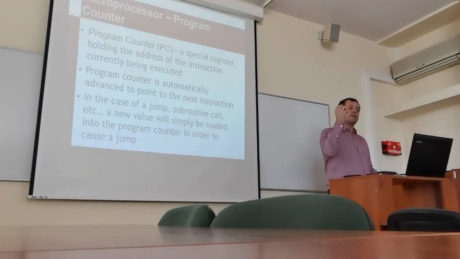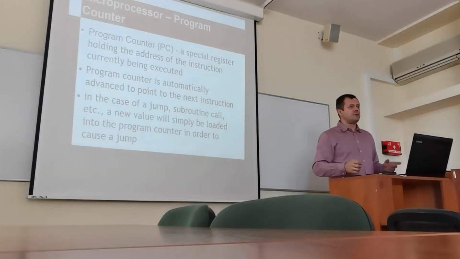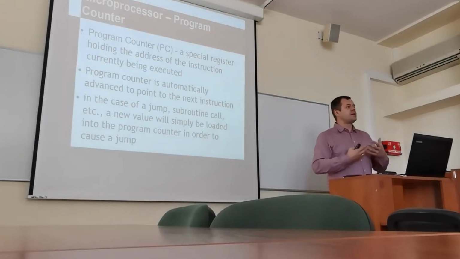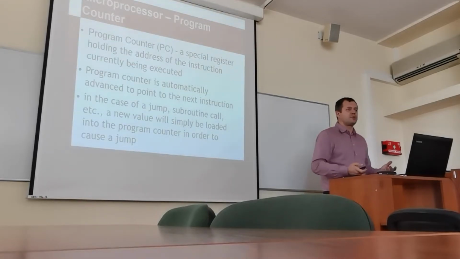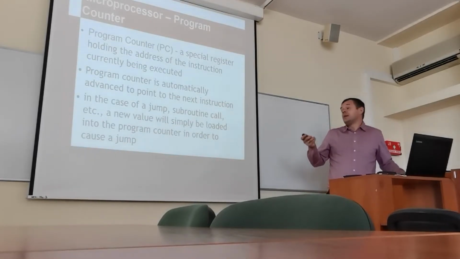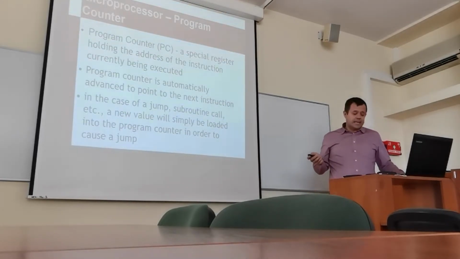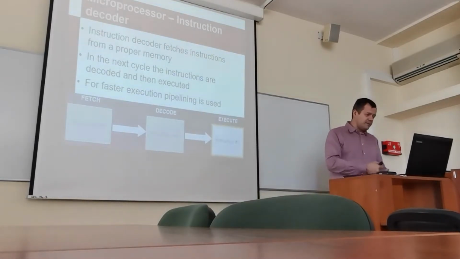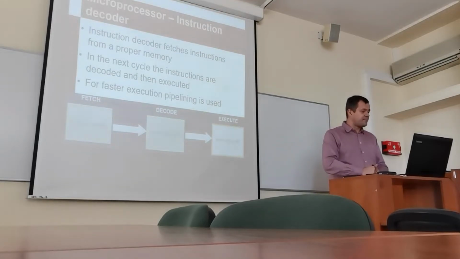So if we know the width of the arithmetic logic unit inputs and outputs and the program counter, then we know how much memory can be connected to the microprocessor, so what's the size of the memory map of the microprocessor. These two elements are defining the memory map size.